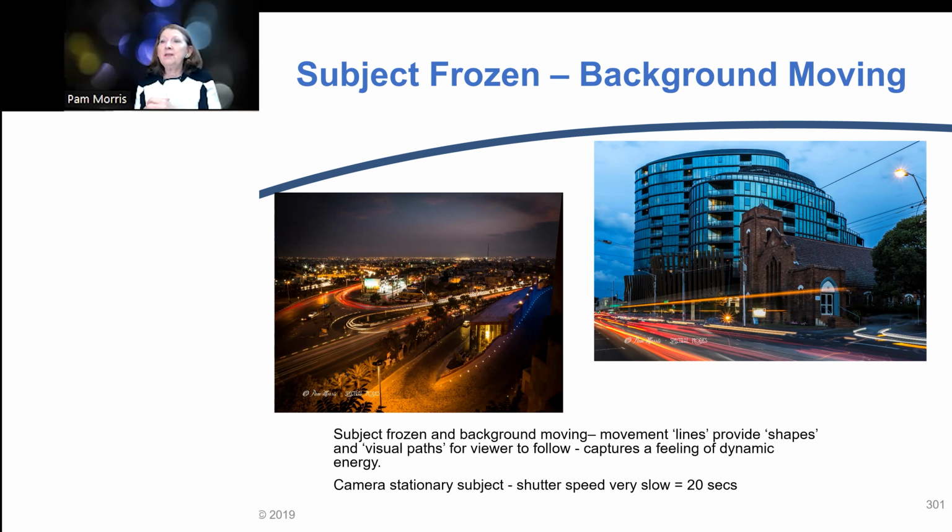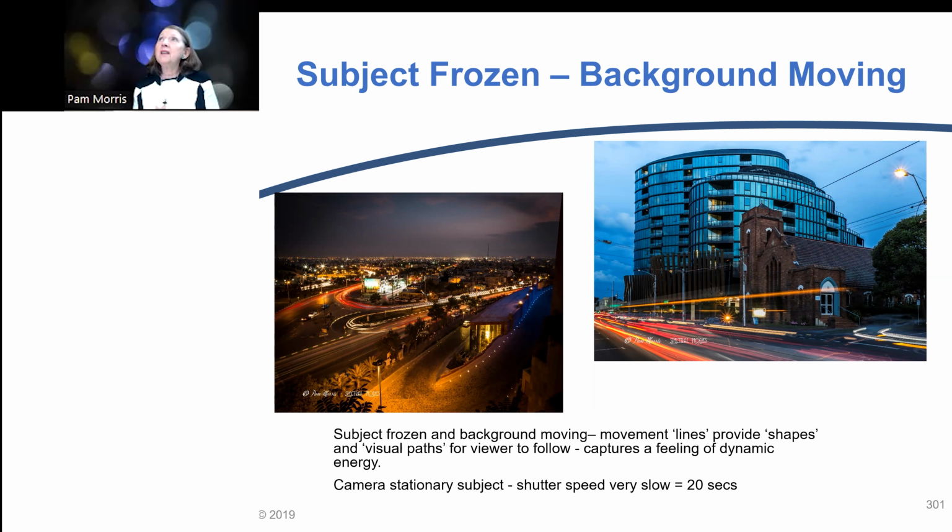And you can see both of these were taken on a tripod, and the shutter speed was very slow, about 20 to 30 seconds is what I usually take these at. That allows you to get the light streaks, and those light streaks provide lines within your image that provide shapes and also a visual path for your eye to follow through.